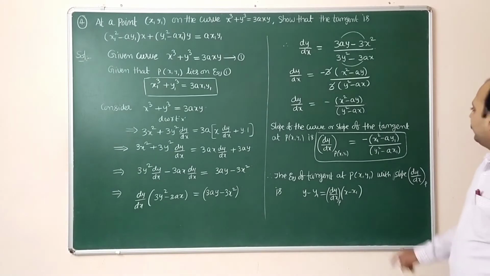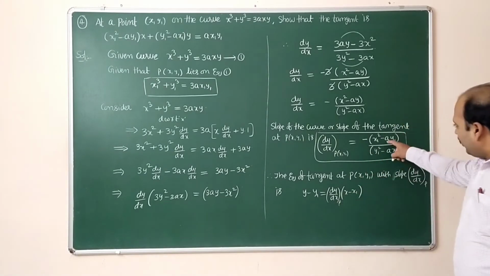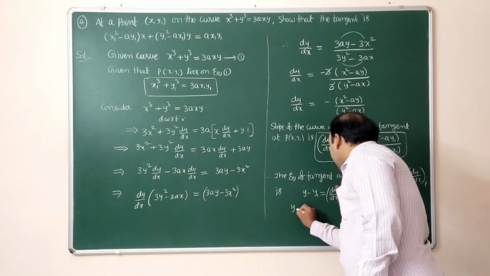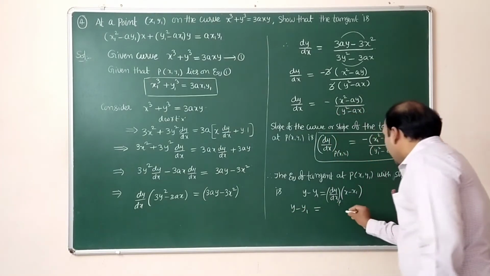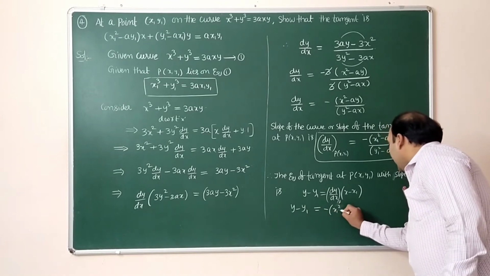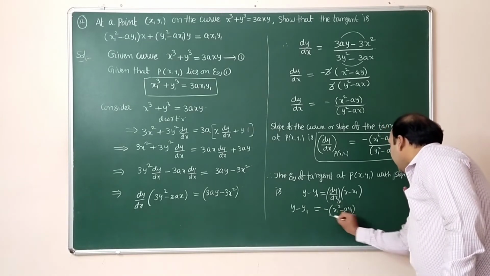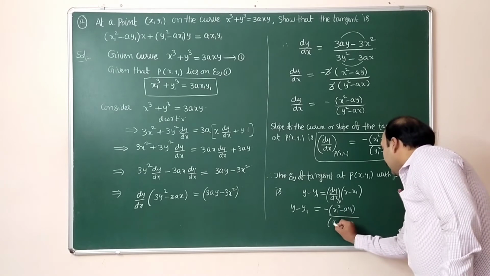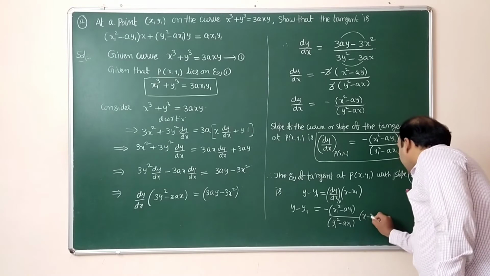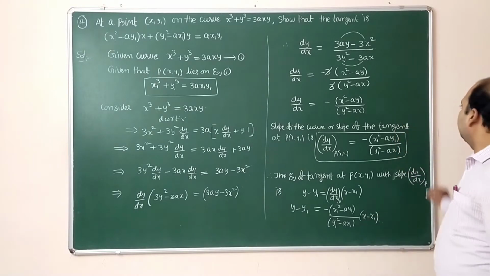So now in place of dy by dx at P, you have to replace with this value and simplify. So y minus y1 is equal to minus (x1 square minus ay1) divided by (y1 square minus ax1) into (x minus x1). We'll proceed.